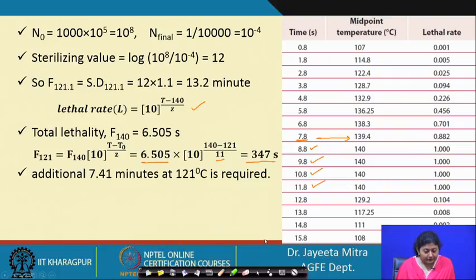We have seen that 13.2 minute was given as F 121, and here an additional 7.41 minute at 121 degree Celsius is still required.